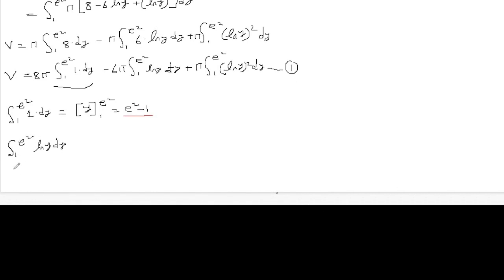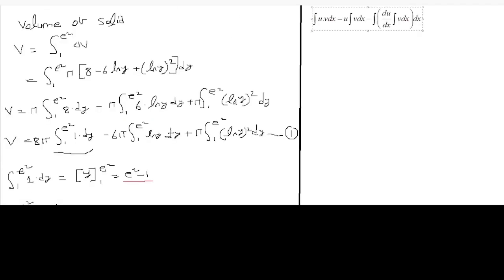But to use the by parts, we need to have two different variables for by parts. So we can write this integration as 1 to e square 1 into ln y dy. Now you have to apply integration by parts into this 1 into ln y.